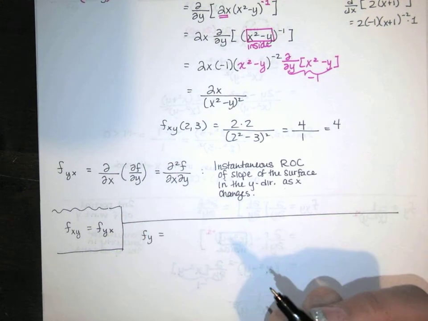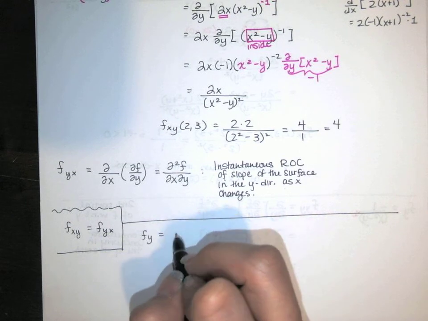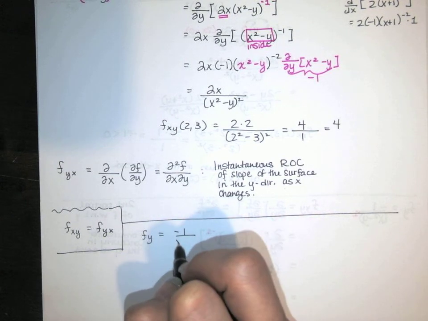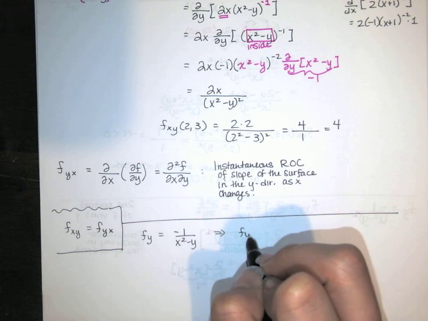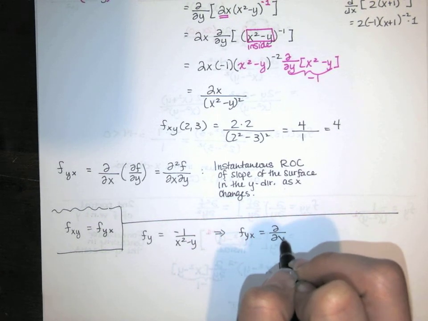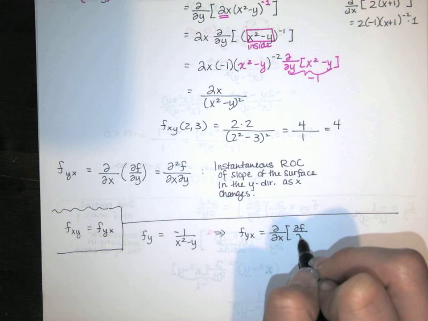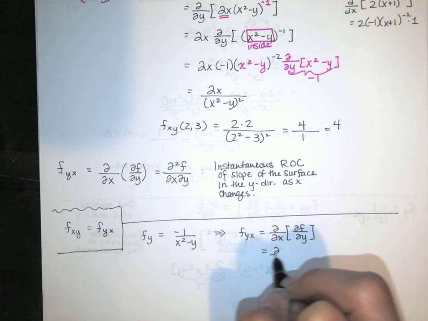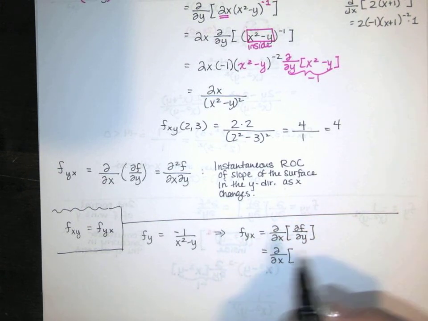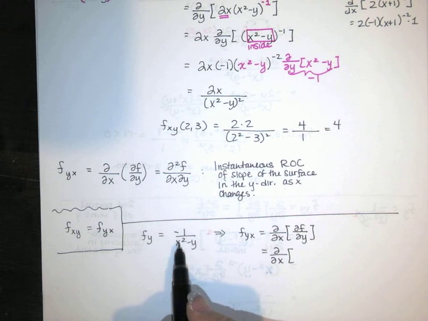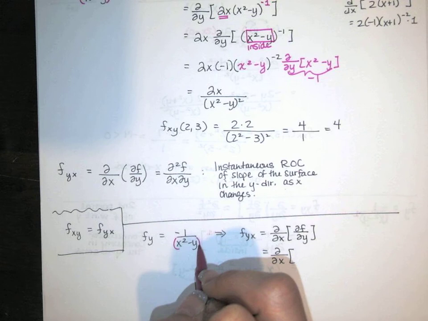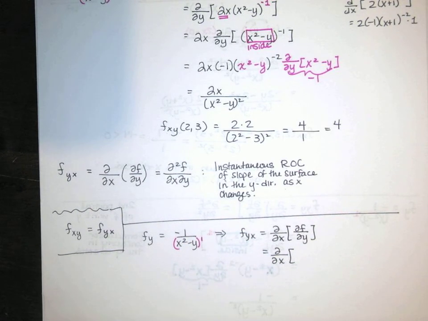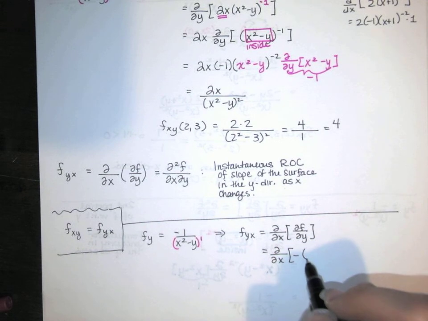So we start with the partial of f with respect to y this time, which is negative 1 over x squared minus y. And we're taking its derivative with respect to x. Since that's a negative 1 in the numerator, which is a constant, I'll write that as x squared minus y to the negative first and bring that up to the numerator, so I don't have to use the quotient rule.